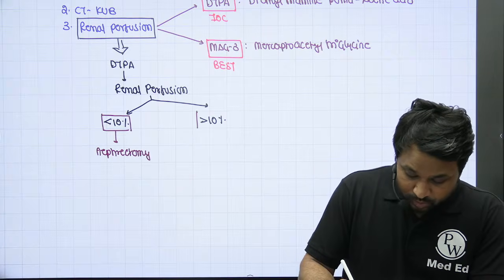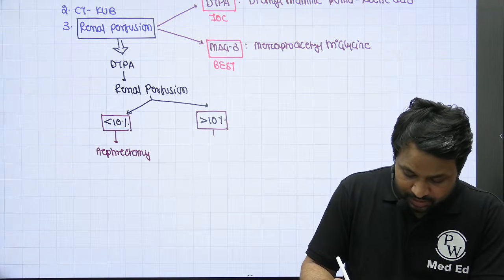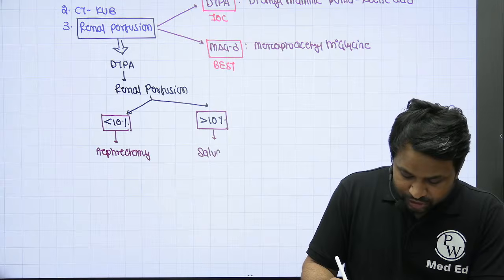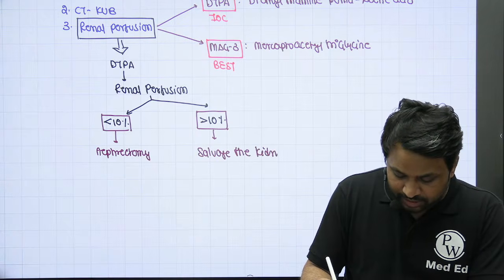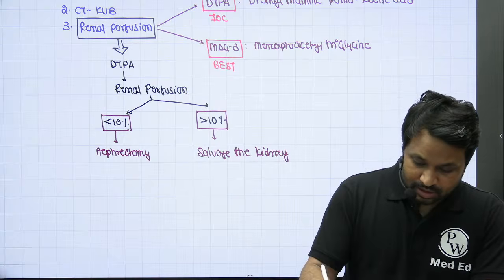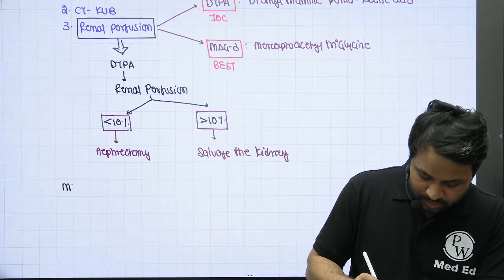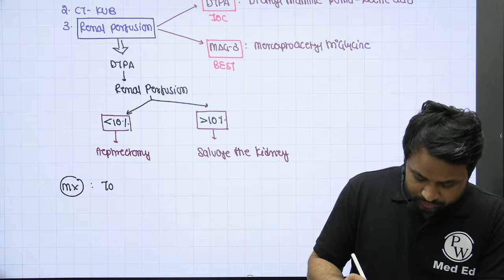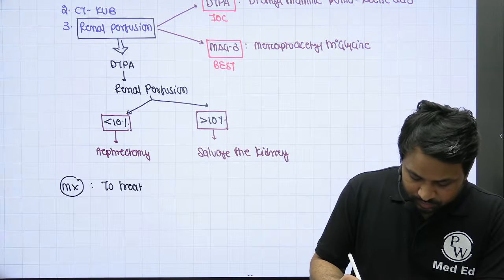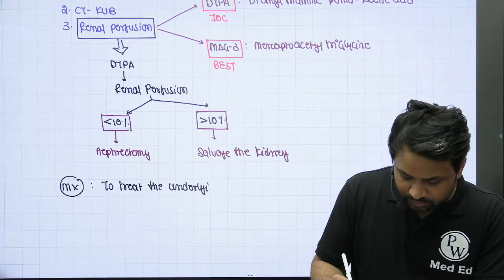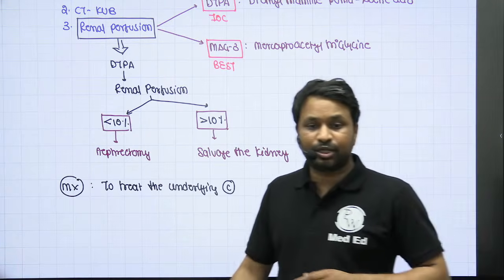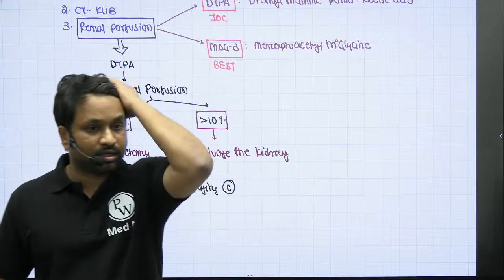If more than 10% of the renal perfusion is present, then you would salvage the kidney. But in either case, remember, the management is always to treat the underlying cause.